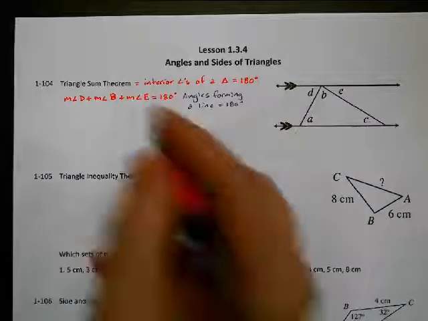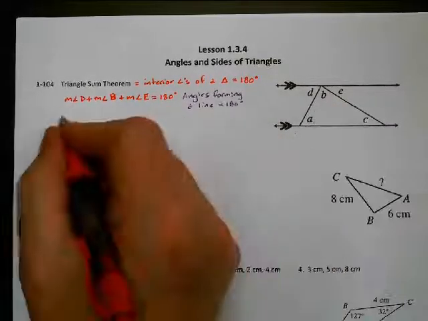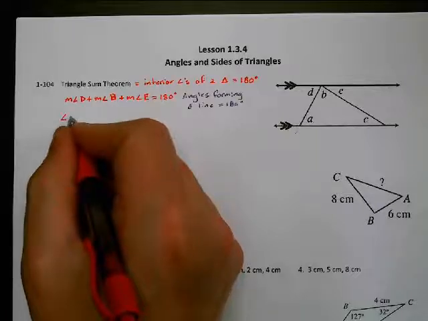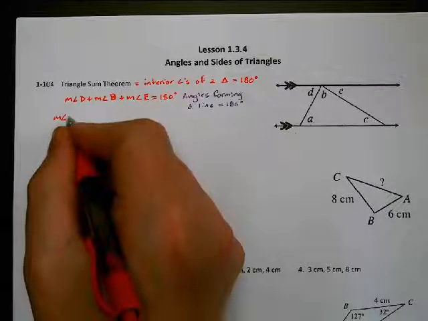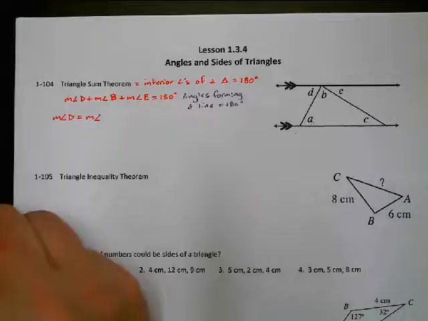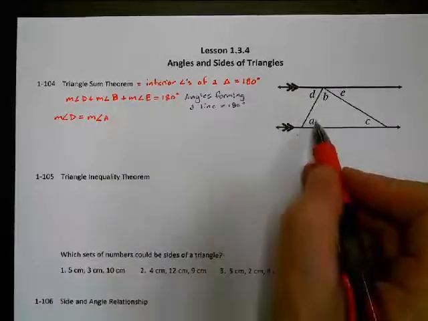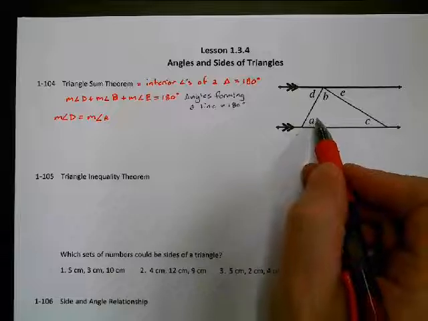Our next step is we're going to say that angle D and A are congruent. So the measurement of angle D is equal to the measurement of angle A because of alternate interior angles. But wait, we have more.